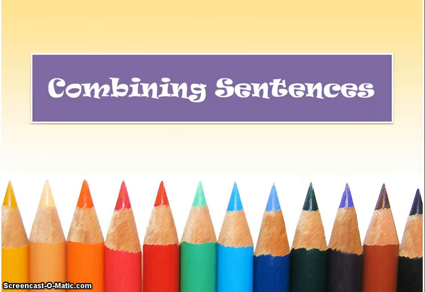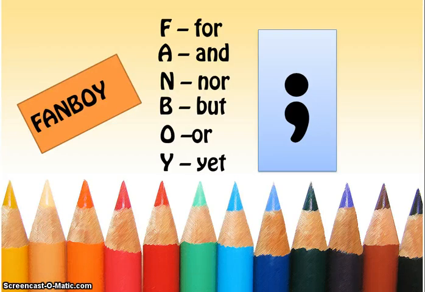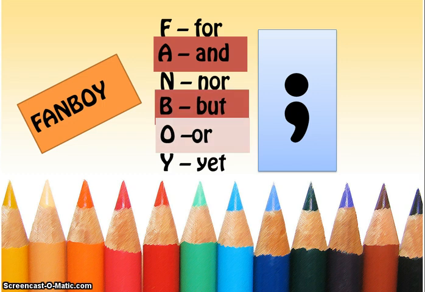Okay, let's go on to combining sentences. Now, first of all, I like to use FANBOYS when I'm talking about my conjunctions to help me remember all those conjunctions. F for, A for and, N for nor, B for but, O for or, and Y for yet. FANBOYS. And then, of course, we have the semicolon. But remember that we normally use the and, the but, and the or.